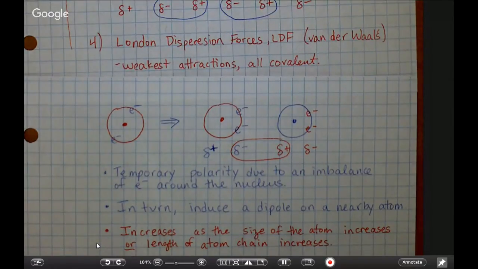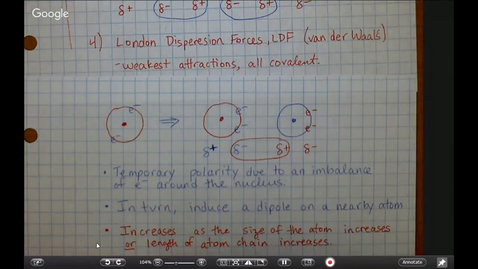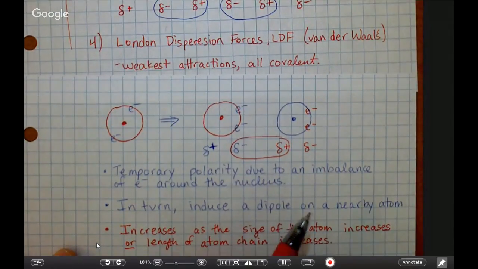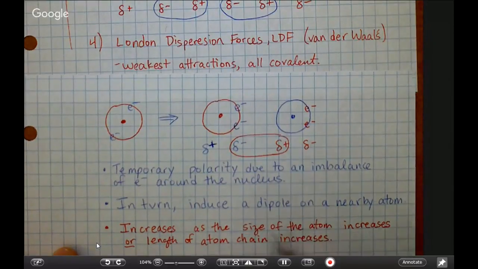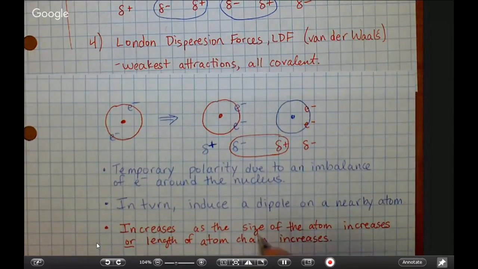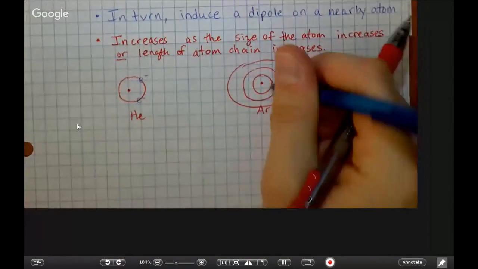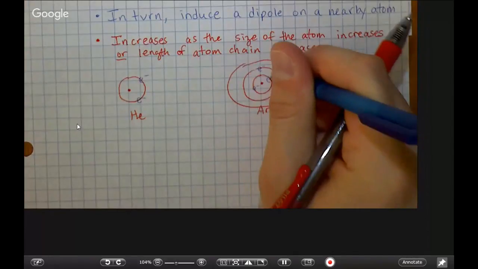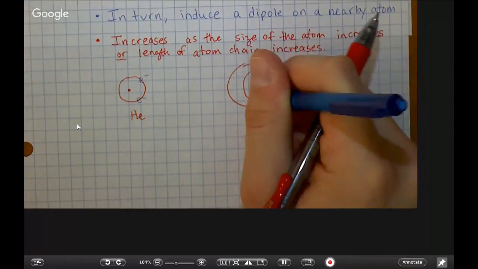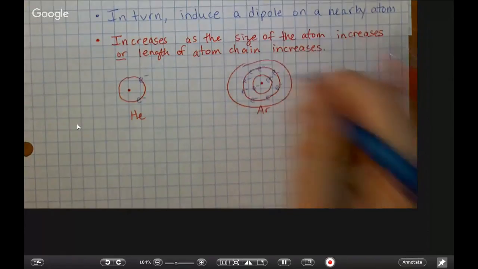And think about it, if you have a big atom, let's say, we just compared helium. Helium has 2 electrons. But if we compare something like argon, notice with argon, 1, 2, 3, 4, 5, 6, 7, 8.